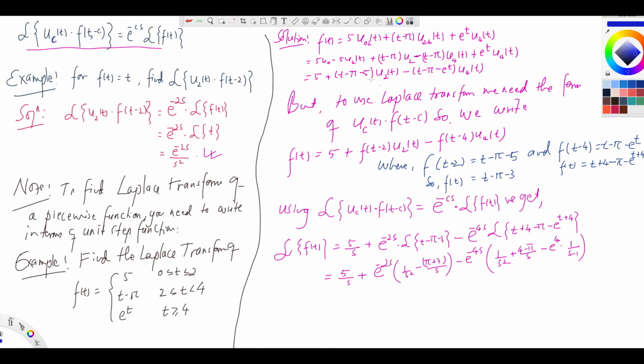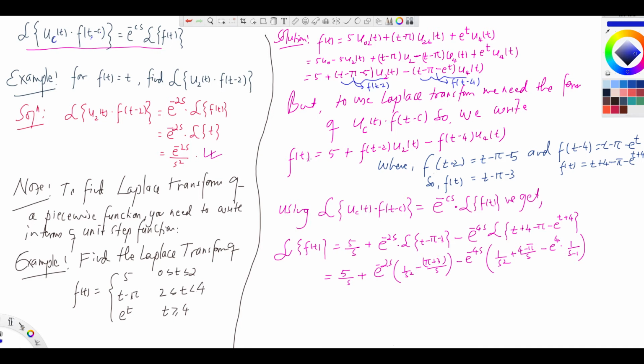So if you want to find the Laplace transform of this term and this term, since there is u_2, this should be f(t minus 2), and since there is u_4, this should be f(t minus 4). So this quantity must be f(t minus 2) and this quantity must be f(t minus 4), right? But to use the Laplace transform, we need the form of u_c(t) times f(t minus c).